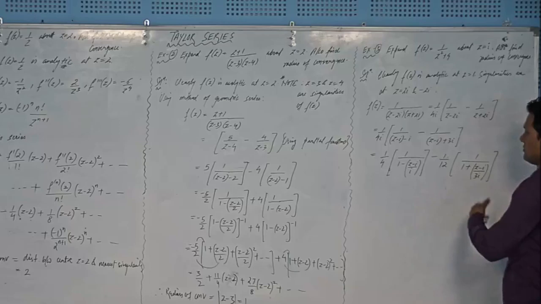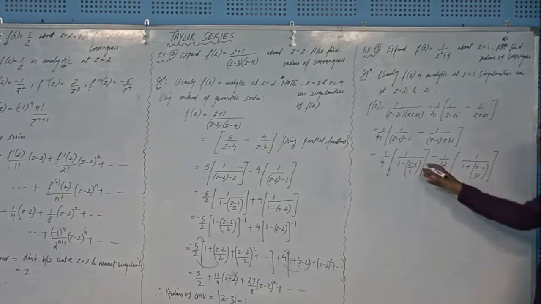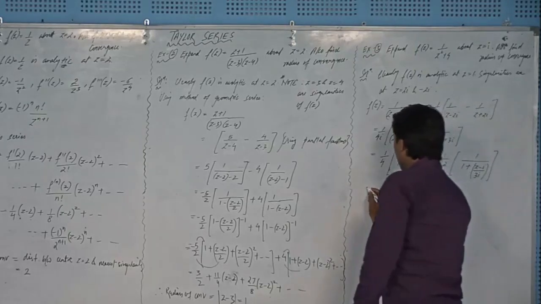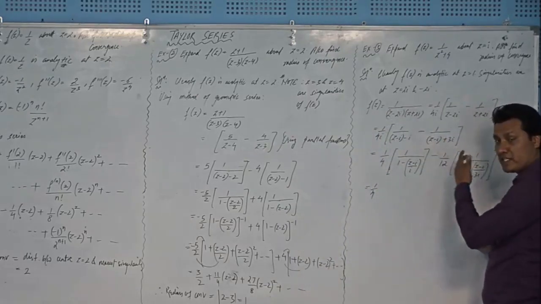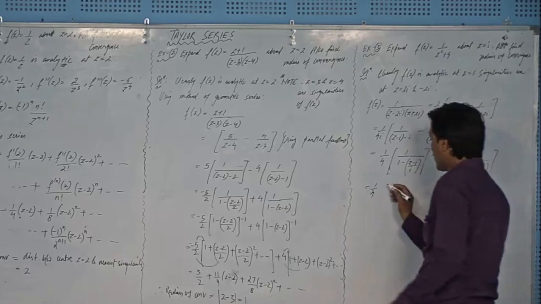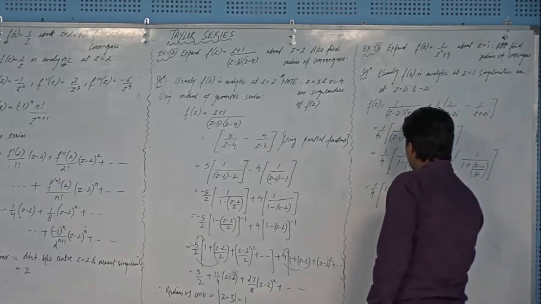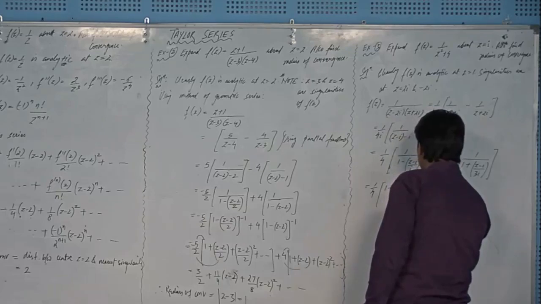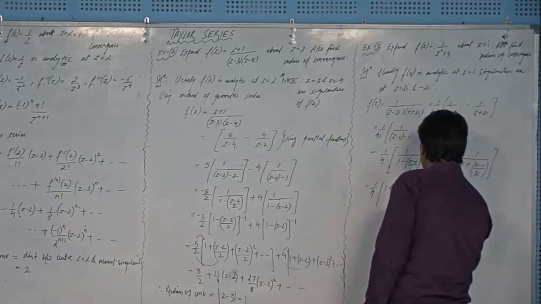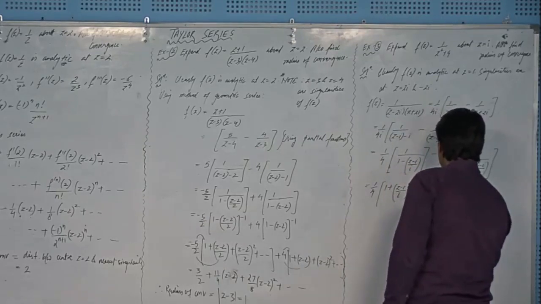Now you can use the geometric progression for each of these two terms. This will give you 1 by 4, and taking it on the numerator part and then expanding it, I am not writing that step again and again. So that will give you 1 plus z minus iota over iota, and then z minus iota over iota whole square, and so on, right?